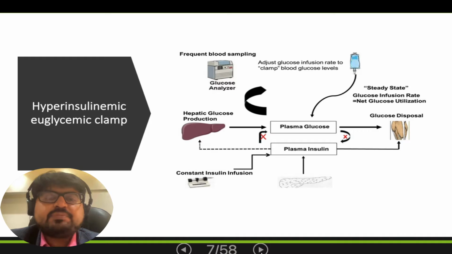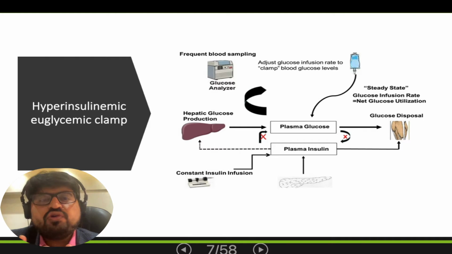These clamp studies have a lot of importance, but more historical and research importance rather than clinical practice importance. What you do in a hyperinsulinemic euglycemic clamp, as the term suggests, is euglycemia. So you are trying to maintain a steady level of glucose. So first you give an insulin infusion.